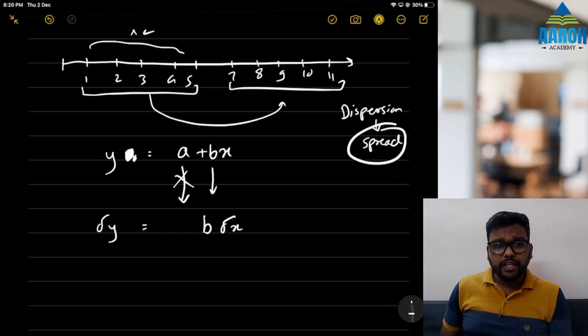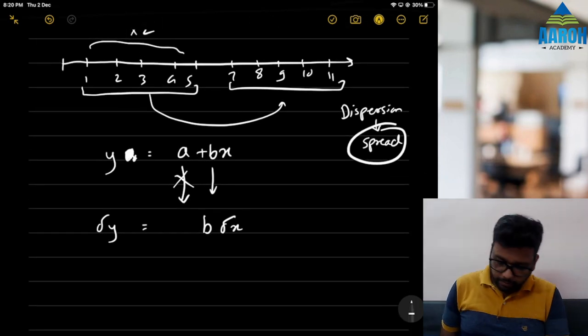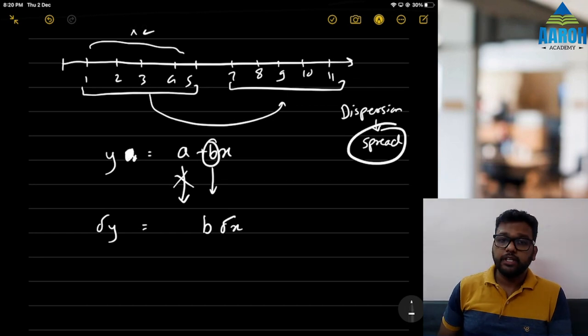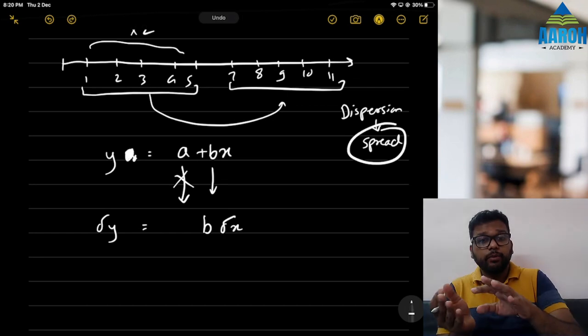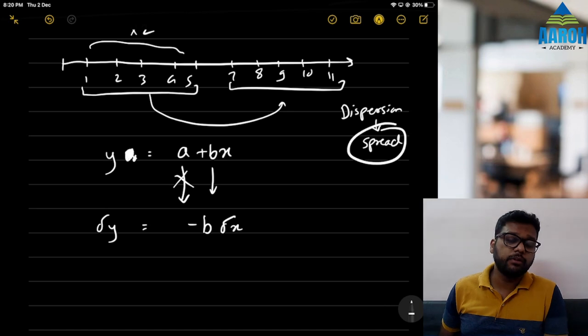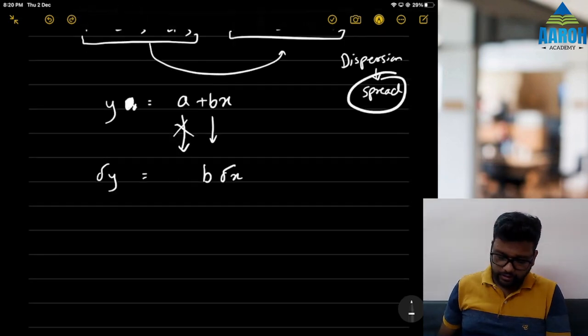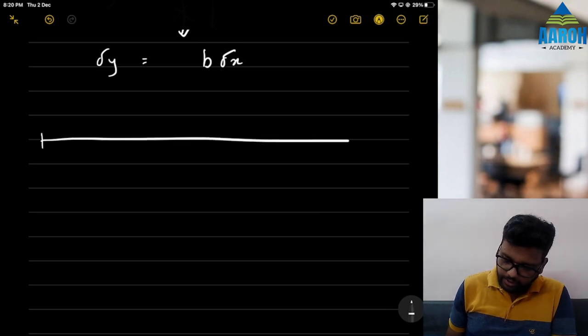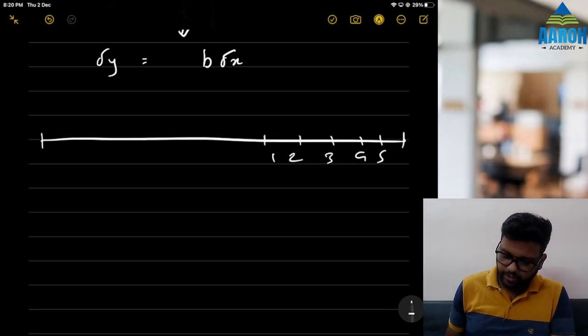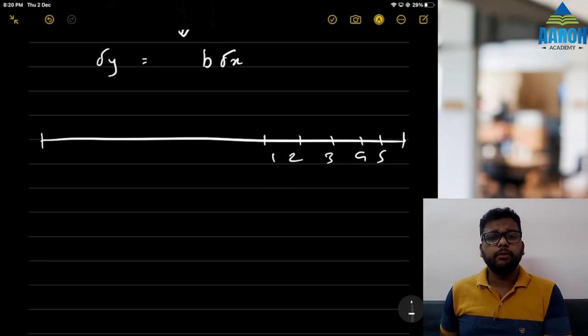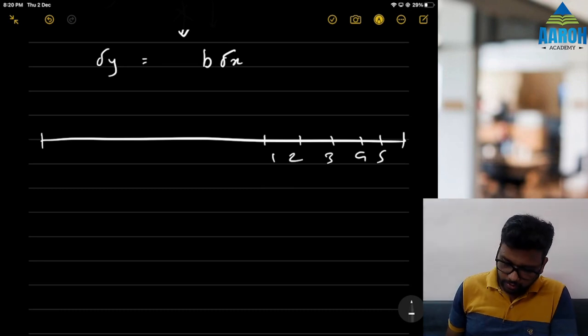Now if this B is negative, that does not mean standard deviation will become negative. Why? Because spread will still remain positive only. Let's say the values are 1, 2, 3, 4, 5, and we multiplied them by -2, so now they will become -2, -4, -6, -8, -10.